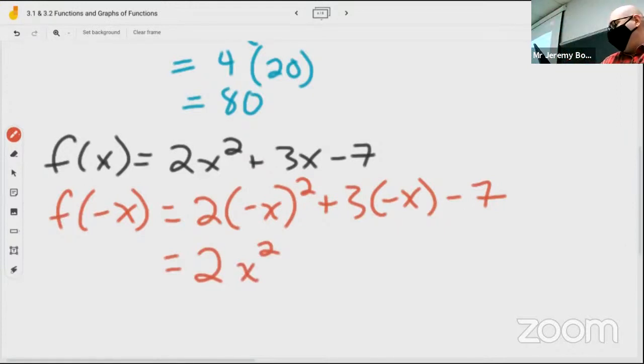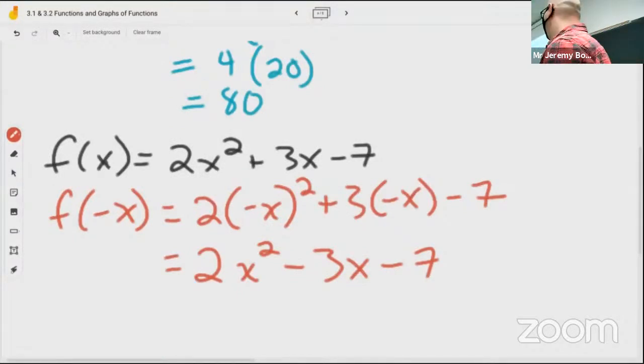Not so lucky here. 3 times negative x is going to be negative 3x, and then we get the minus 7. So it does change up the function a little bit. It was 2x squared plus 3x minus 7. If you plug in a negative x, it's 2x squared minus 3x minus 7. Any questions on that?